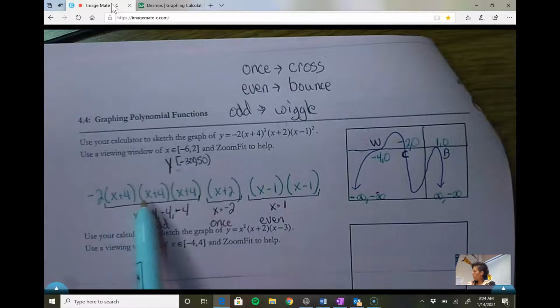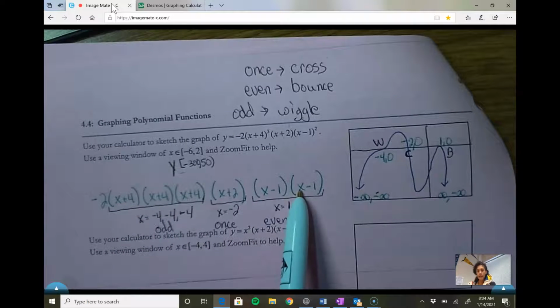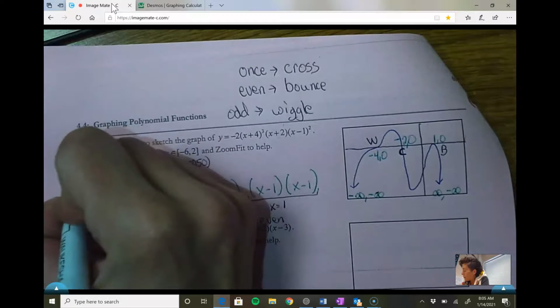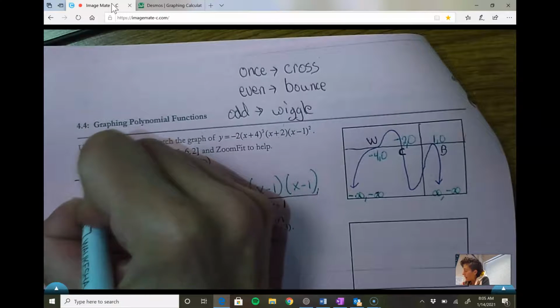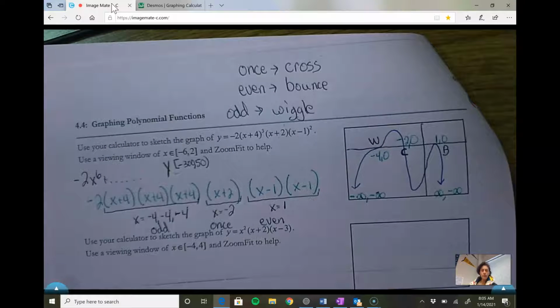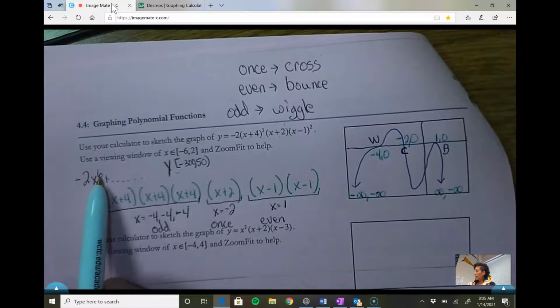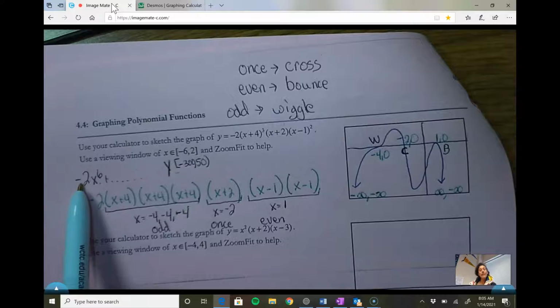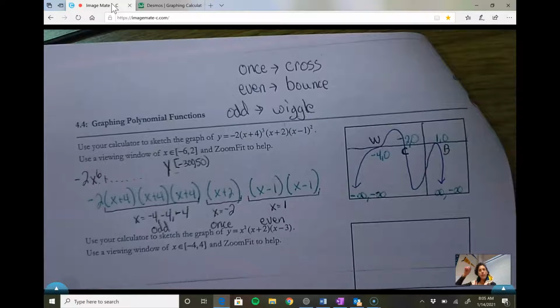So I've got 1, 2, 3, 4, 5, 6 x's. So this one would have actually started out with the negative 2, and then x to the 6, and then I would have had a bunch of other stuff behind it, right? And remember, an even power means it's a U, and the fact that it's a negative would flip that U, so I'd have a bumpy U upside down.